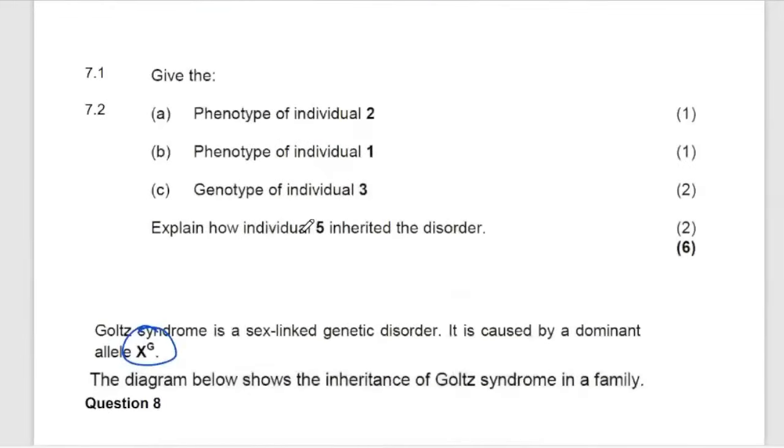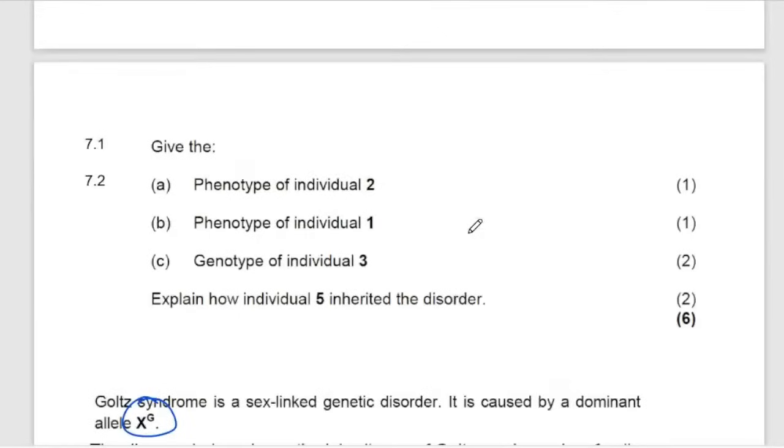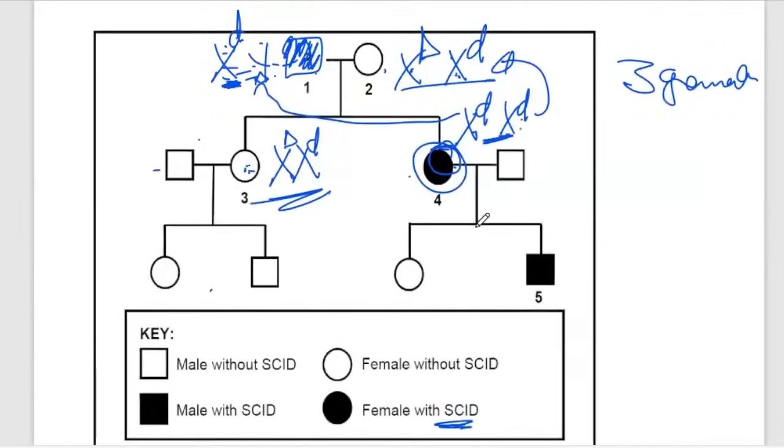They say explain how individual 5 inherited the disorder. Individual 5 is small d. Therefore, we're going to say individual 5 got one recessive allele from the mother and one from the father. No. Individual 5 is a male, so it can't be from the father.